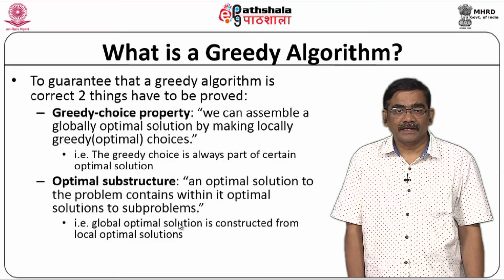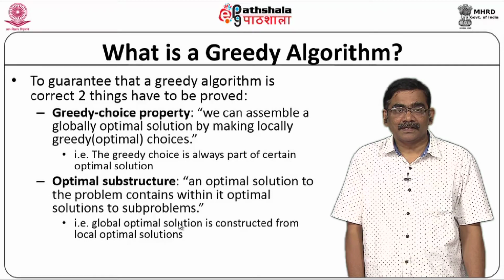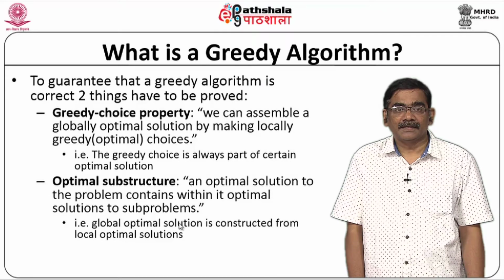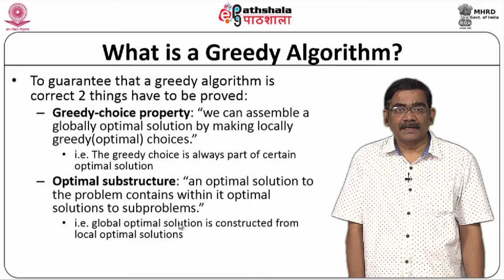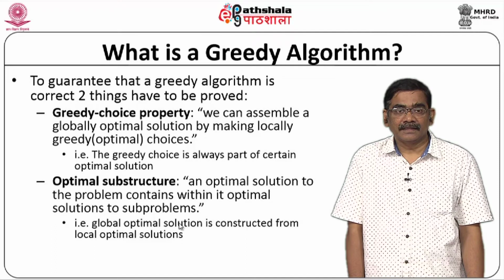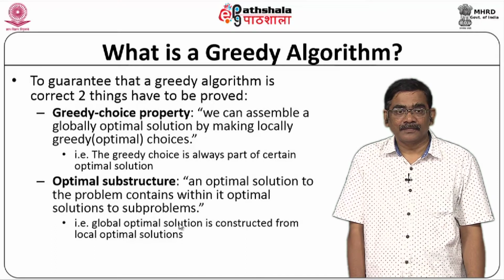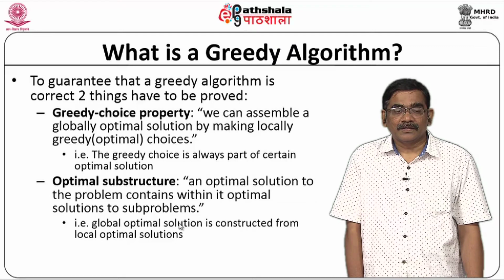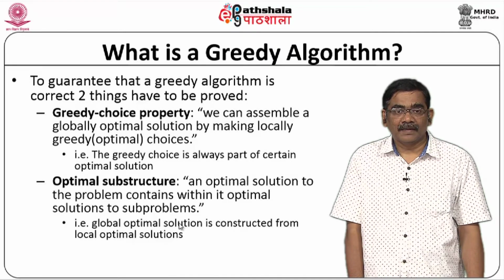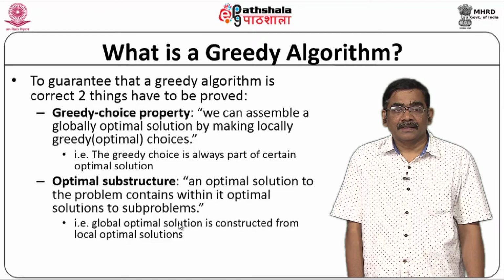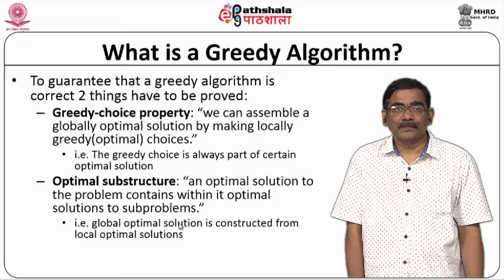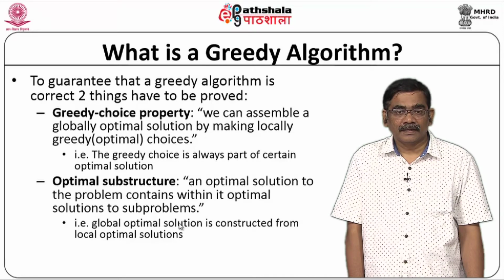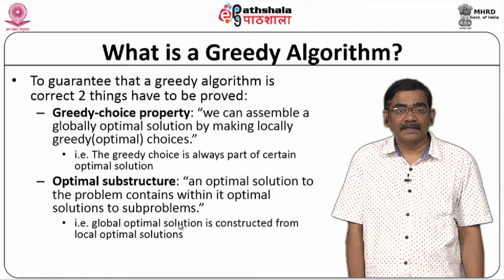In other words, the global optimum solution is obtained by combining many local decisions taken by the algorithm. Finally, it has to satisfy optimal substructure. That means the solution constructed for the global problem is also optimal with regard to the subproblems that are contained within. Fine.